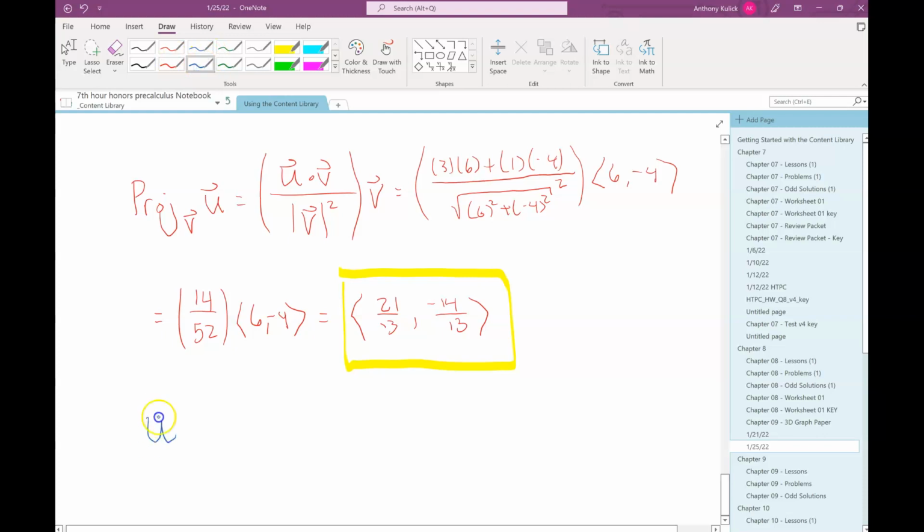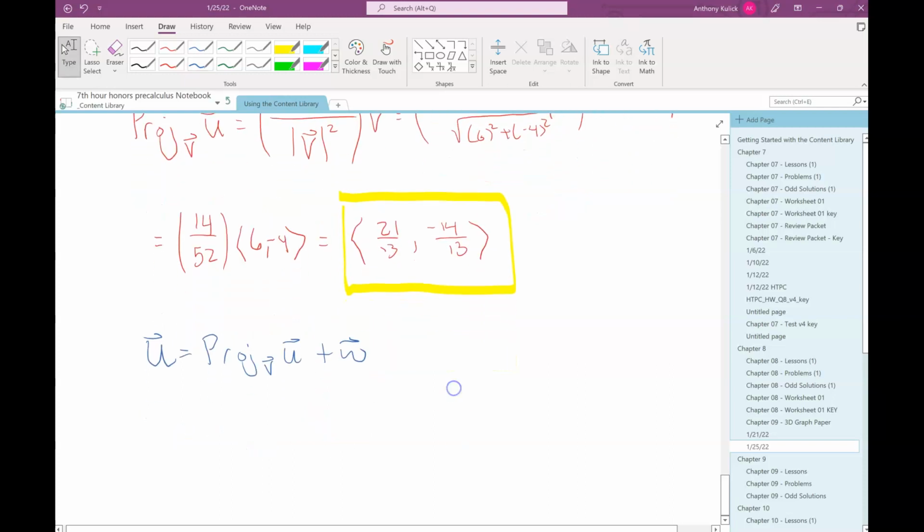So then to do the part in green, I'm going to go back and remember that as part of my construction of this projection vector, I can say that w is equal to u minus the projection of u onto v. So my u was 3, 1, and my projection is 21 over 13 and negative 14 over 13.